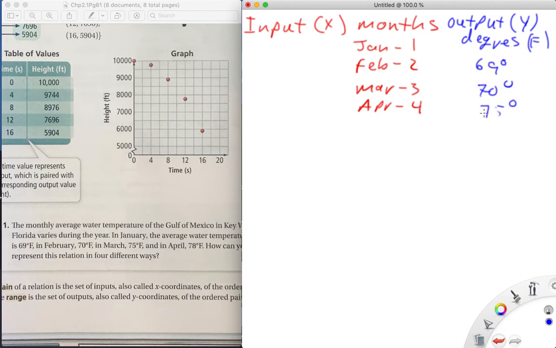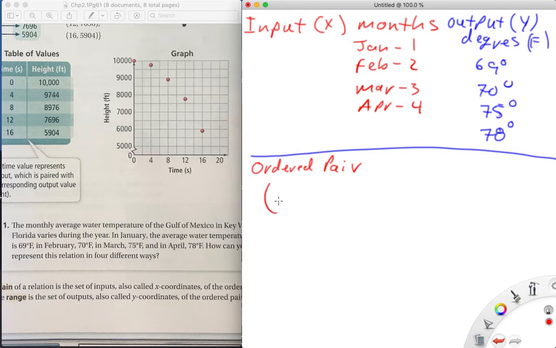And April is 78. So those are degrees. The first way to do it is by ordered pairs. That would be (1, 69), (2, 70). You guys see where I'm going with this. (3, 75), and then (4, 78).